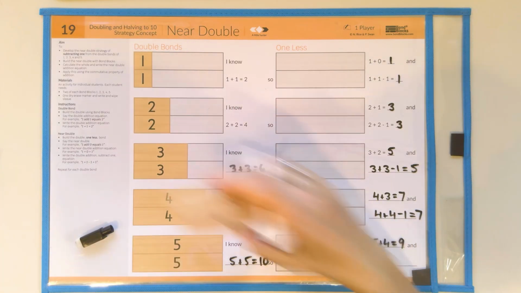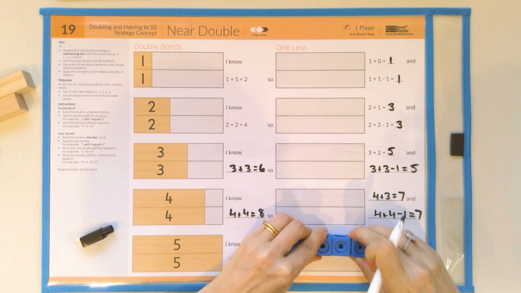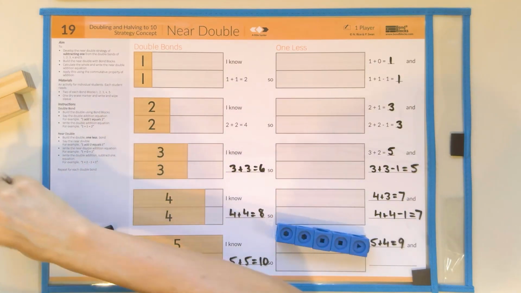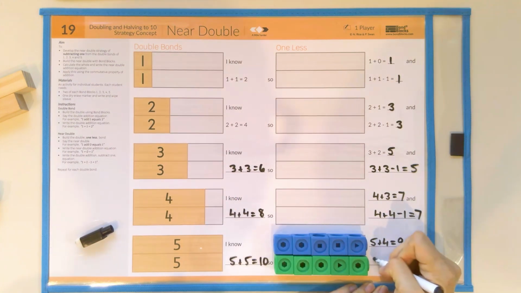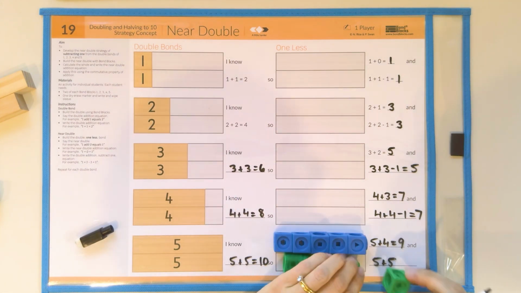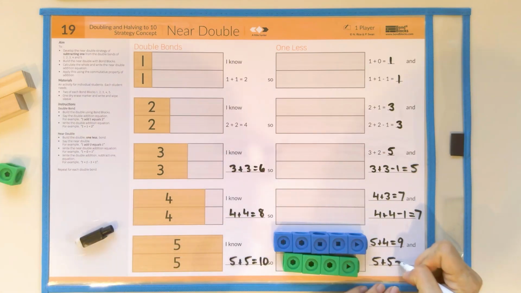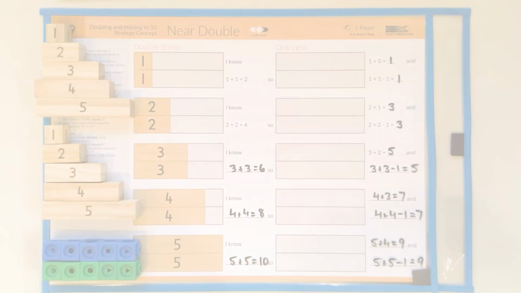And a different way of writing this would be my double of 5 add 5, and then I take away 1, and that also gives me 9.